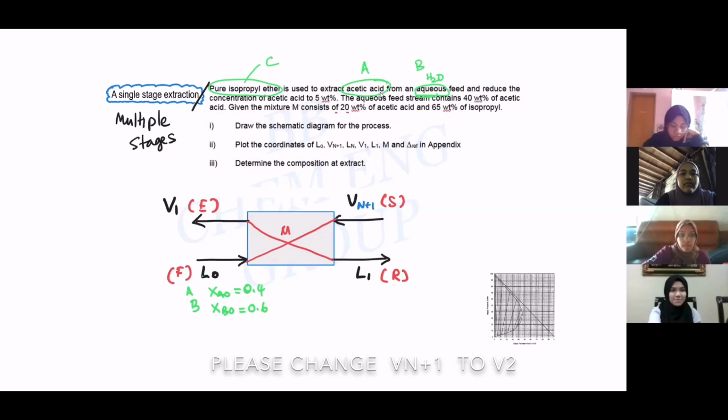Therefore, this information for 5 weight percent is represented by XA1 in your raffinate. XA1 equal to 0.05.